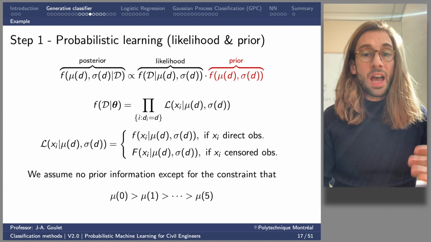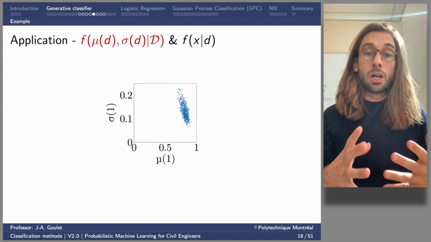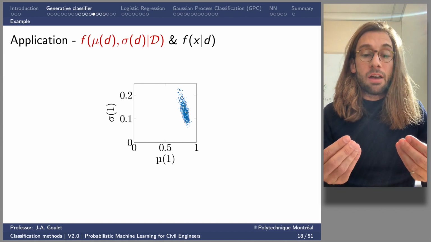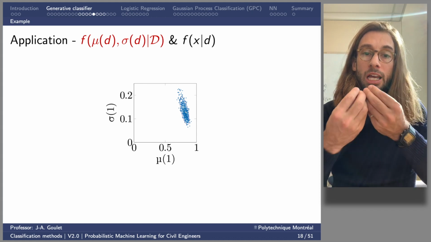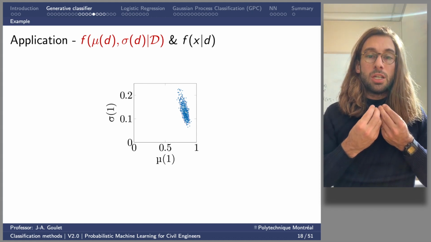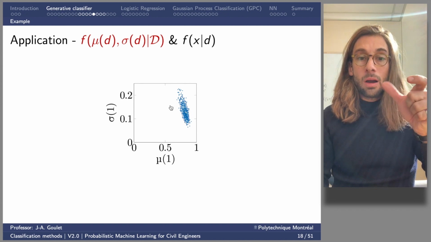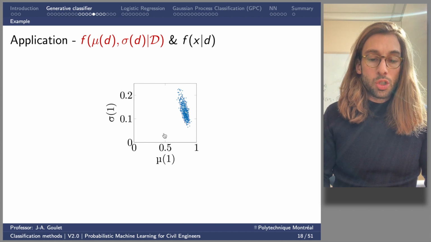Okay, so if I take all of this into consideration and I use Markov chain Monte Carlo sampling in order to infer my joint PDF for all the possible damage indexes, for all expected value and standard deviation parameters, what I'm going to obtain is something like this. If I look at the pairwise joint PDF, I'm going to have here the joint PDF for mu1 and sigma1.